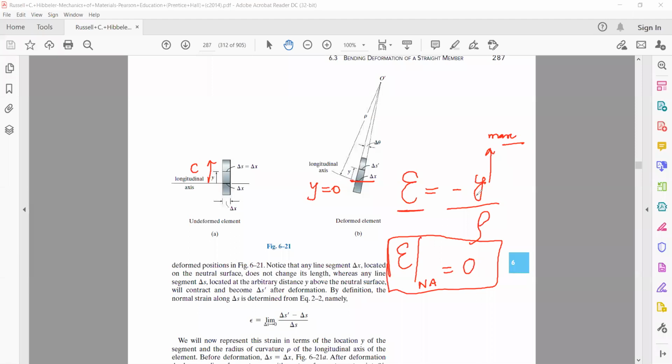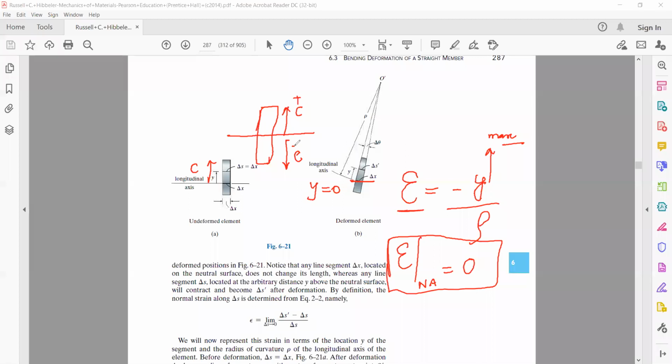Now the value of y is maximum at the two ends of this beam from the neutral axis. This is the section of the beam that we have isolated. This is a rectangular cross section beam, so essentially the neutral axis will be its centroidal axis. From here to here the distance will be c, and from here to here the distance will also be c. This will be positive and this will be negative.